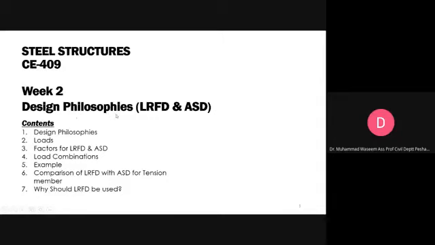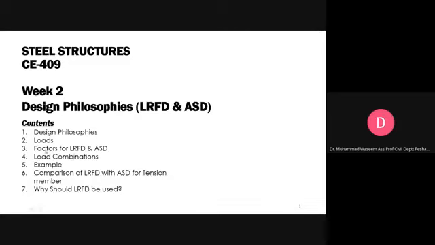But apart from the design philosophies, the content distribution of today's lecture is also given. After having exposure to the design philosophies, we will talk about loads: live load, dead load, and environmental loads. In the environmental load category, we will talk about wind load and earthquake load.